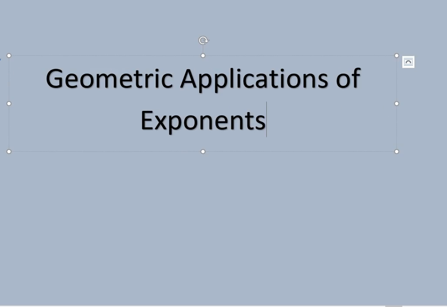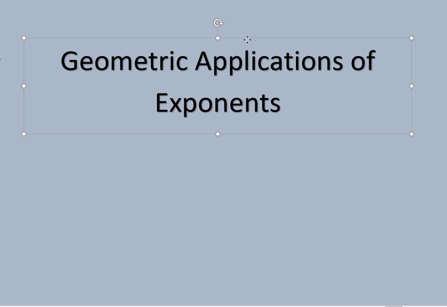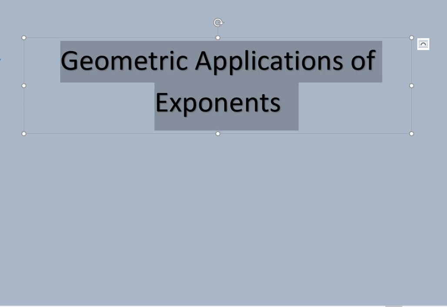But now we're looking at geometric applications of exponents. And what that means is we are now going to be applying what we've used with exponents to geometric concepts. So we're going to be looking at formulas that we use in geometry that have exponents in them.